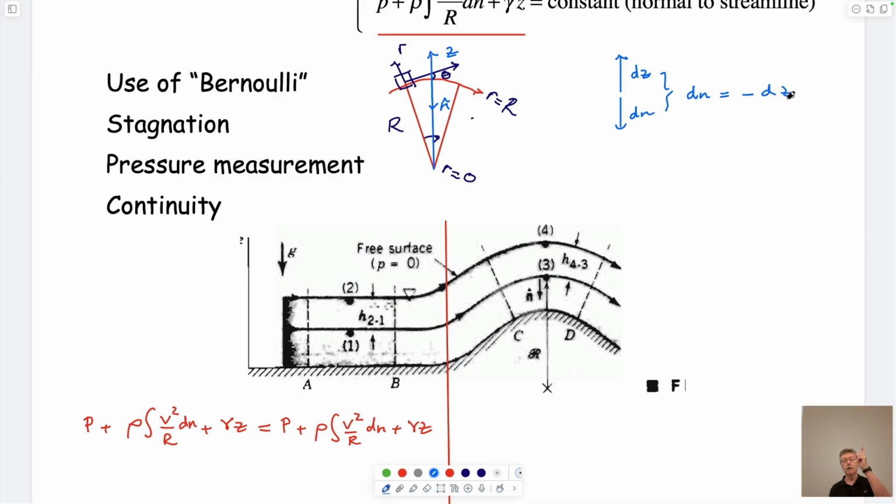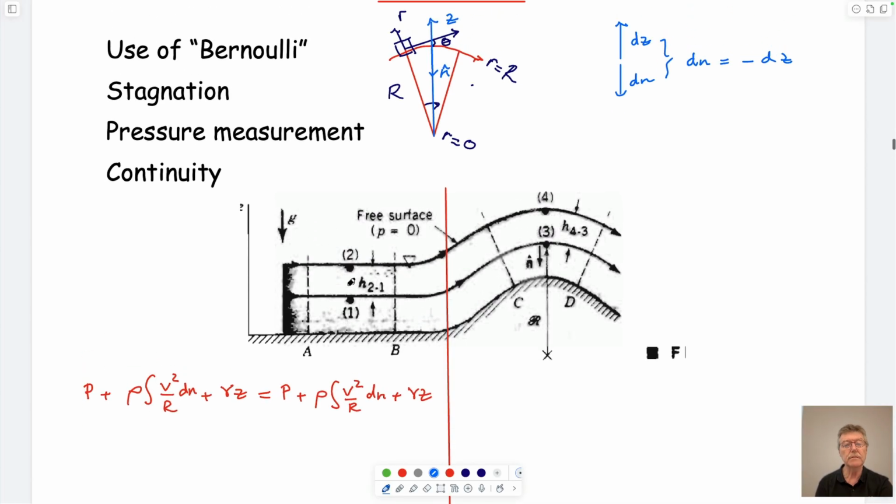Legible? Fine. So if z is upwards and this is pointing downwards, they're the vector opposites of each other. So each single component of this has a minus component of this. So you know that for your math. And so for each of these, let's write Bernoulli from 1 to 2.